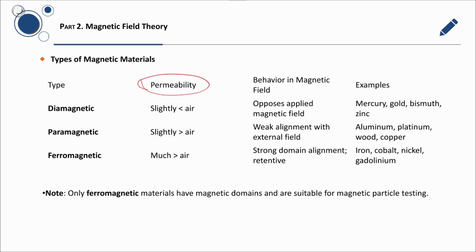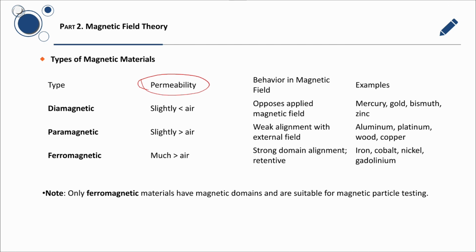Permeability means the ability of a material to allow magnetic lines of force to pass through it. Just say it measures how easily a material can be magnetized. A material with high permeability allows magnetic flux to flow easily. So this is the permeability property.